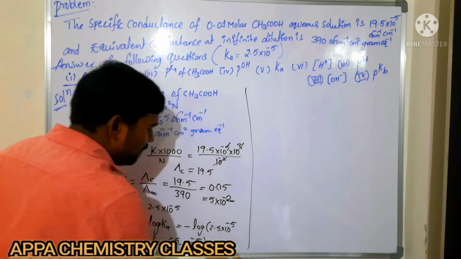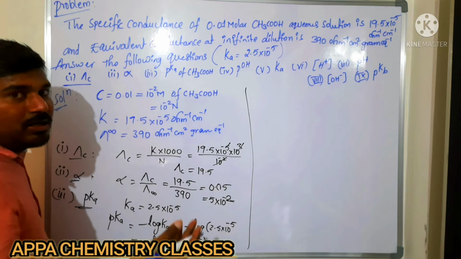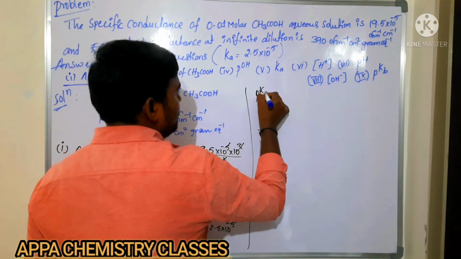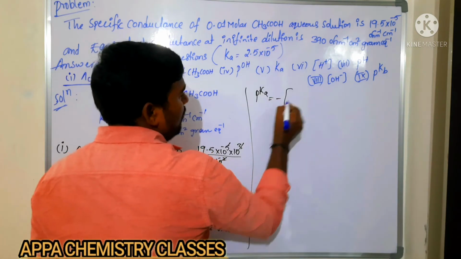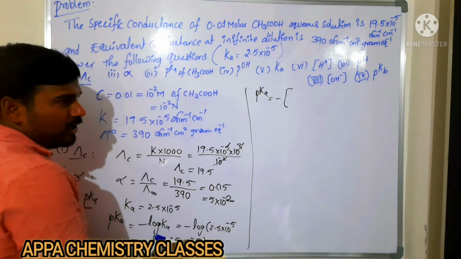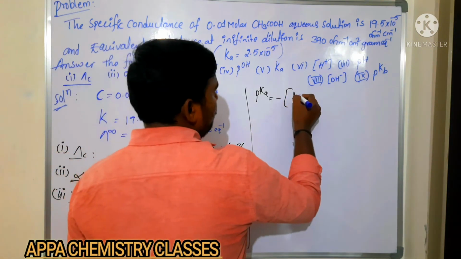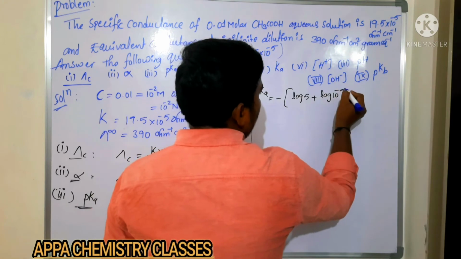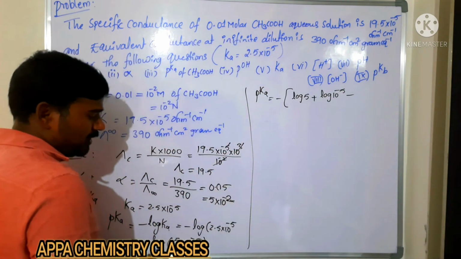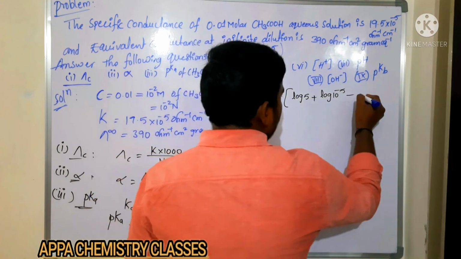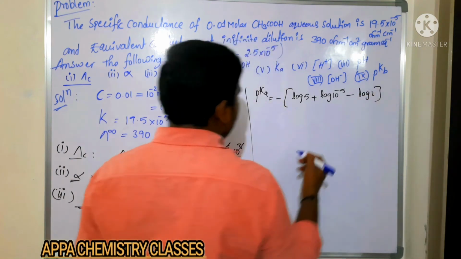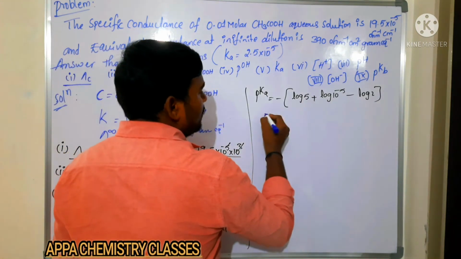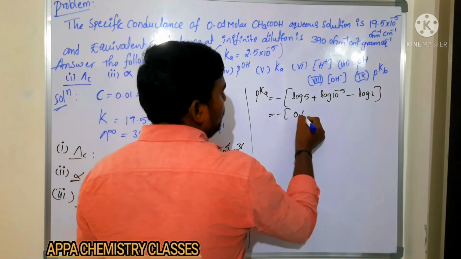Now whatever the multiplication terms, we have to write as log A plus log B. So here pKa is equal to minus of log 5 into 10 power minus 5, you write it as log 5 plus log 10 power minus 5, minus, in the denominator, log of 2. I am subtracting it by using the log A by B form. Now you know, what is the log 5 value?